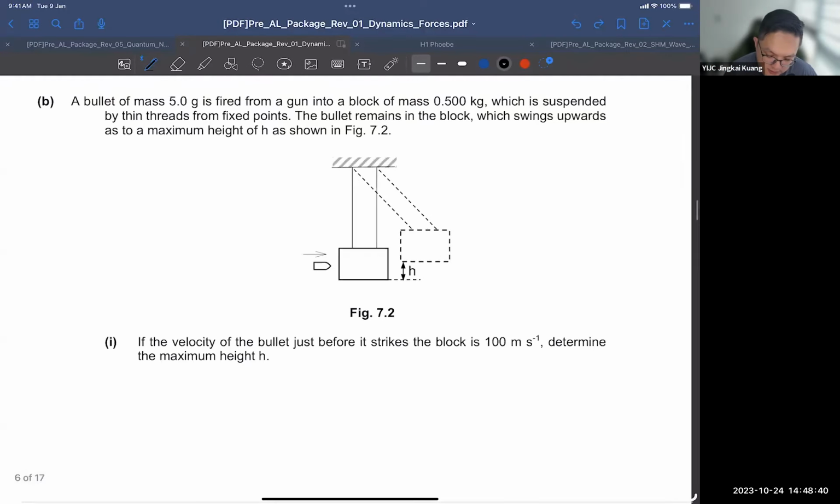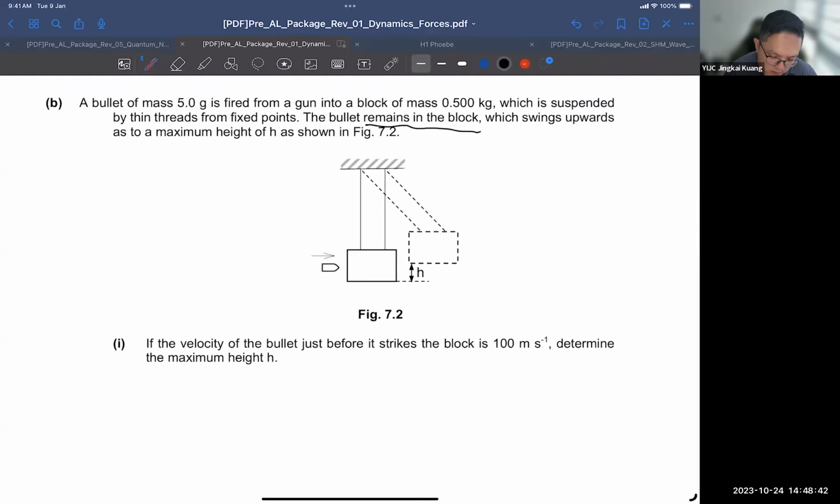This tells you that this is an inelastic collision, so KE is not conserved. Stuck together means KE is not conserved, so you have to be careful if you are doing it that way.